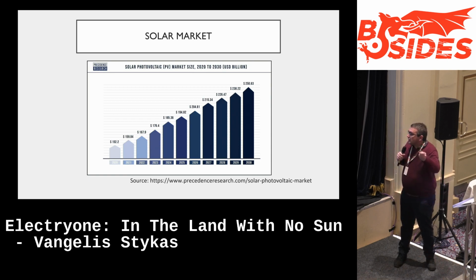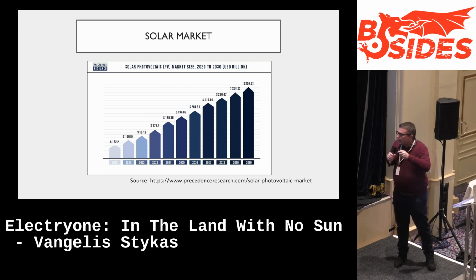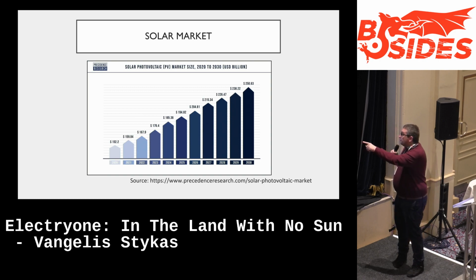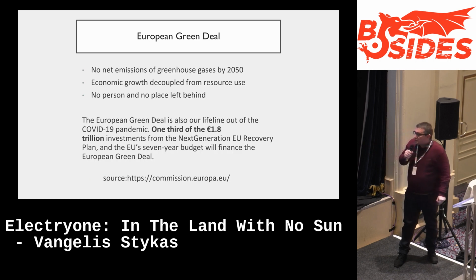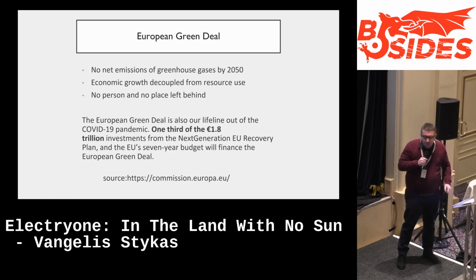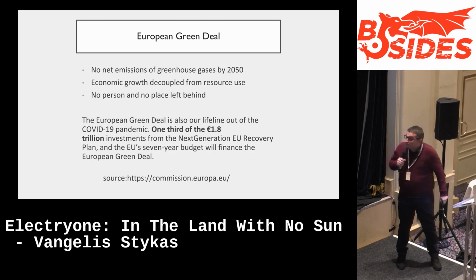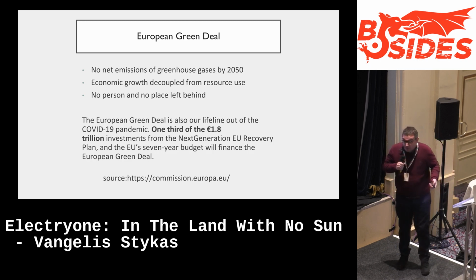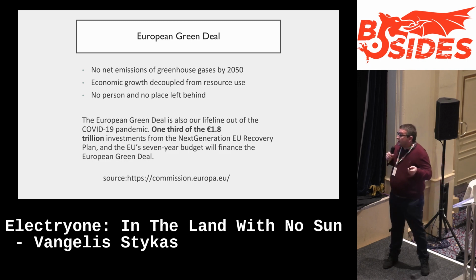This is the solar market share. Right now it is at 150 billion US dollars, and from 2030 we are looking at 250 billion market share. There is the European Green Deal. I know you don't really care because of Brexit and things, but they bring a lot of money. So the plan is no net emission of greenhouse gases by 2050.